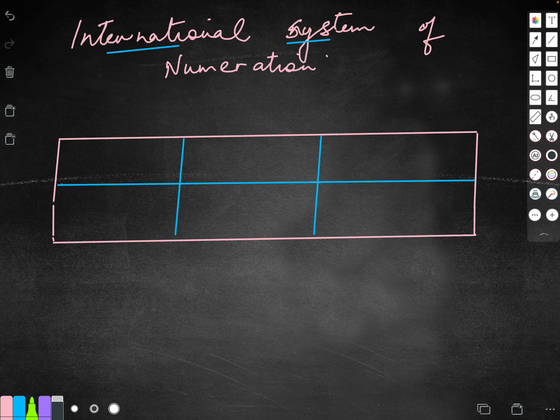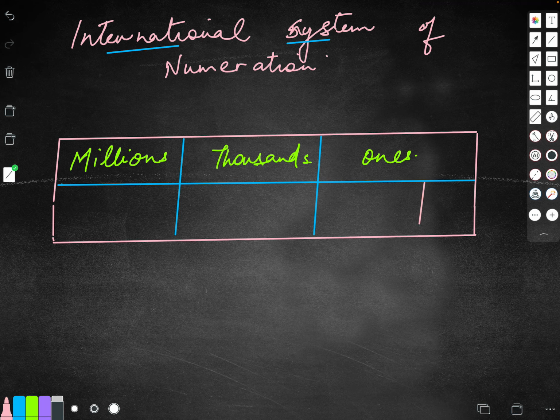So in the international system, children, we have the ones period, then we have the thousands period, as we have in the Indian system, and we have the millions period. Again, as we studied in the Indian system, we have 3 places each.